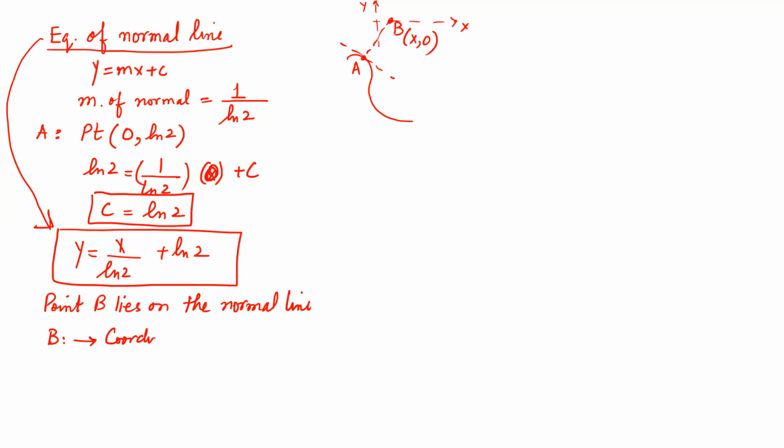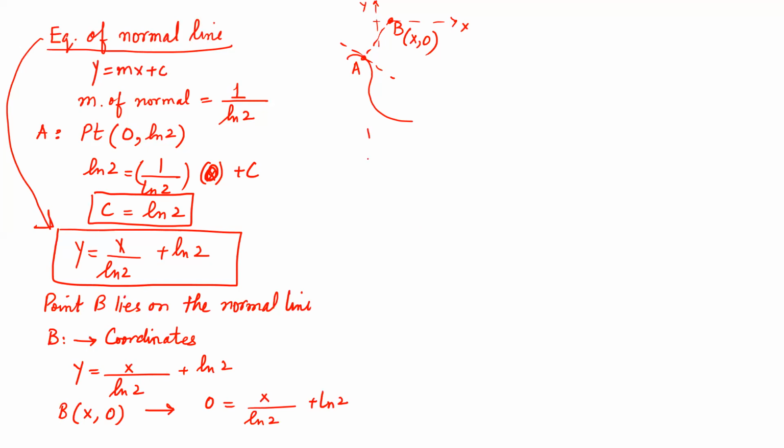Coordinates. Okay, so how can we find out B? We have the equation y equals x over ln 2 plus ln 2. With point B, we know that it is on the x-axis, so the value of y is equal to 0. Now put y equals 0 and find x.